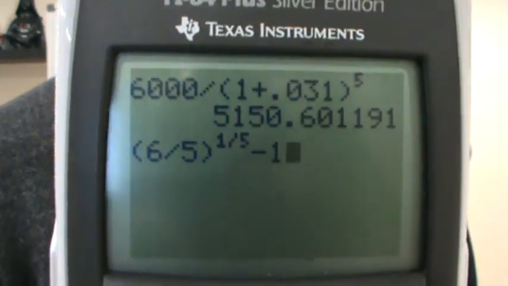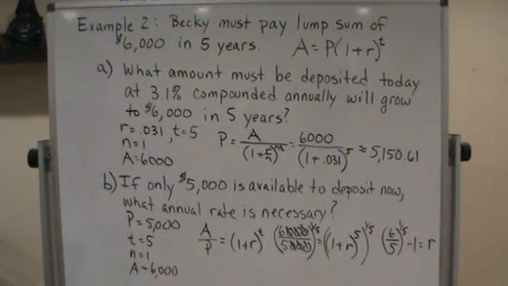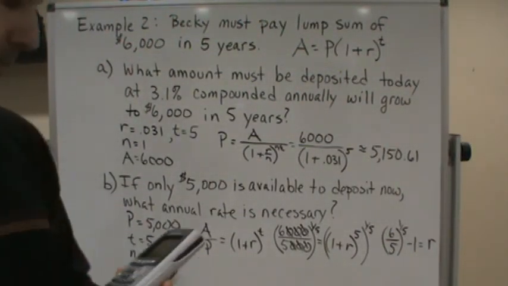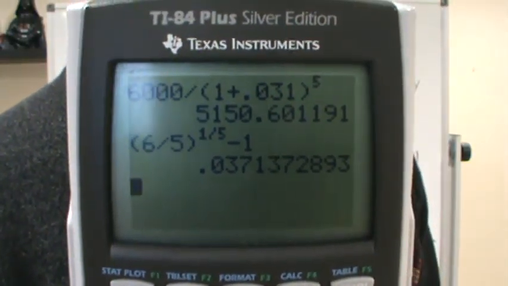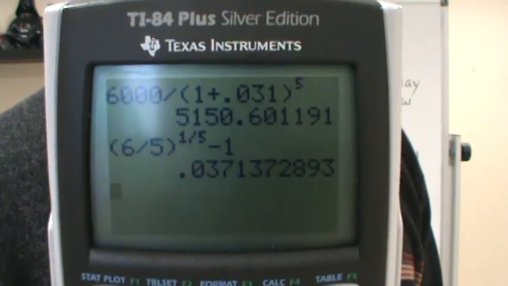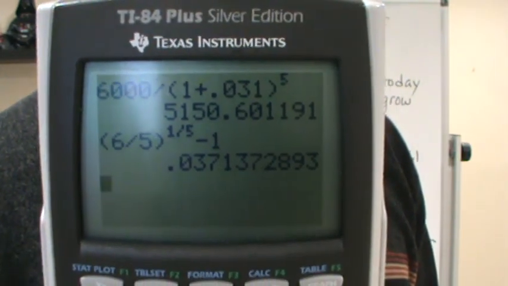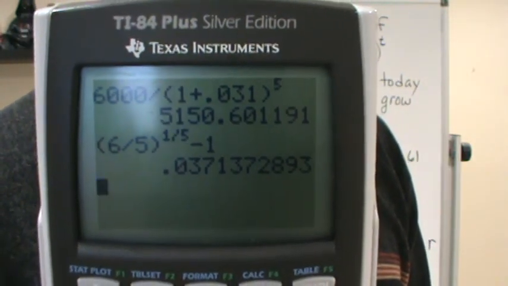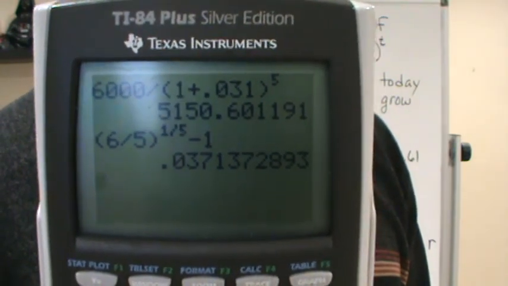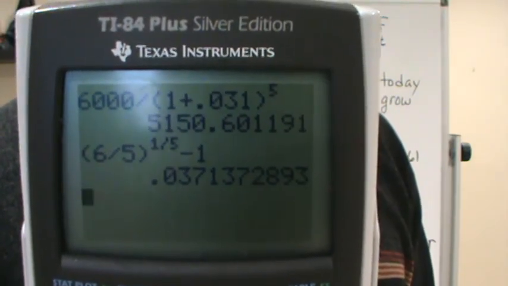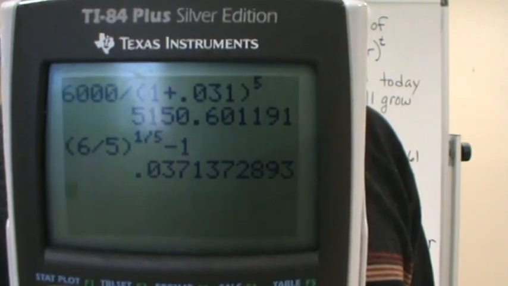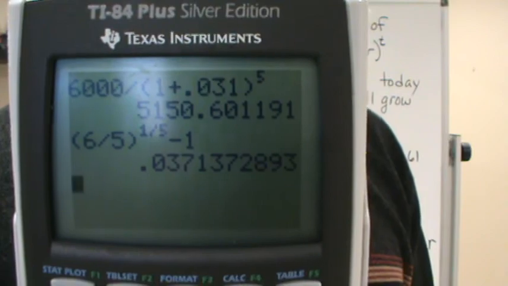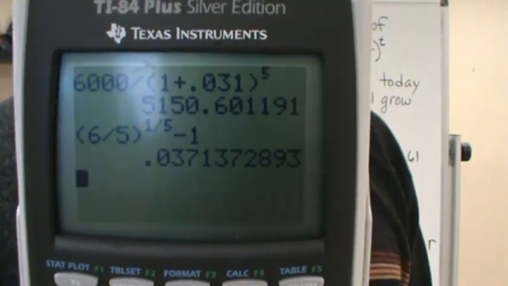So I get that in my calculator, and if I hit enter, I get that. And so my interest rate is approximately 3.71%. Okay? Or if you round to the nearest decimal like they did, I'd say 3.71 or 3.7.